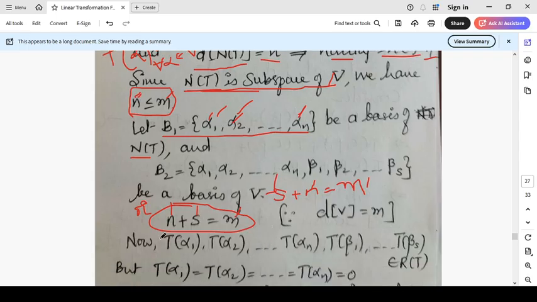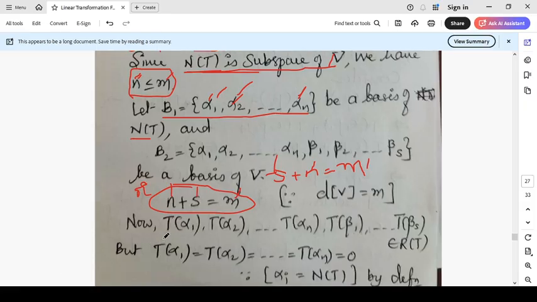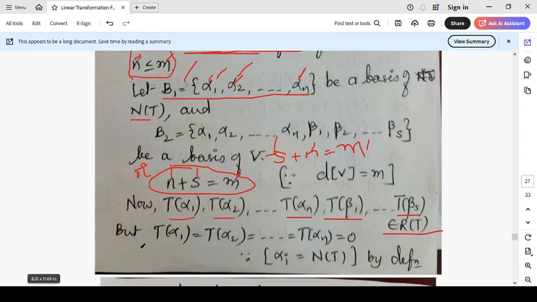For that purpose we need to consider the transformation of the basis. T of alpha 1, T of alpha 2, up to T of alpha n, T of beta 1 up to T of beta s are the elements of R(T), the range space. But T of alpha 1, T of alpha 2, and so on up to T of alpha n are equal to 0. Why?